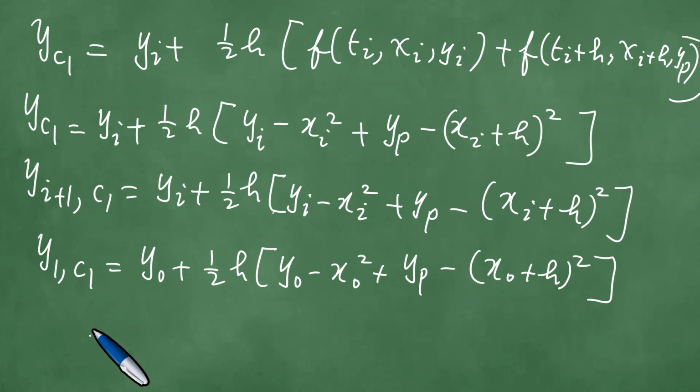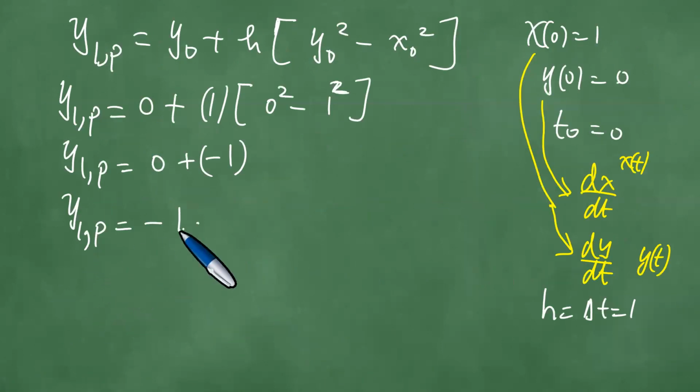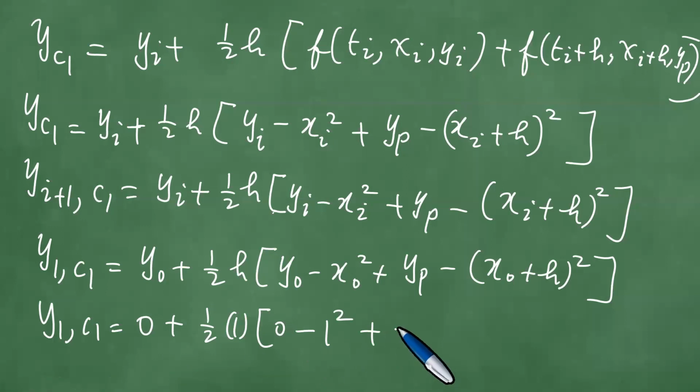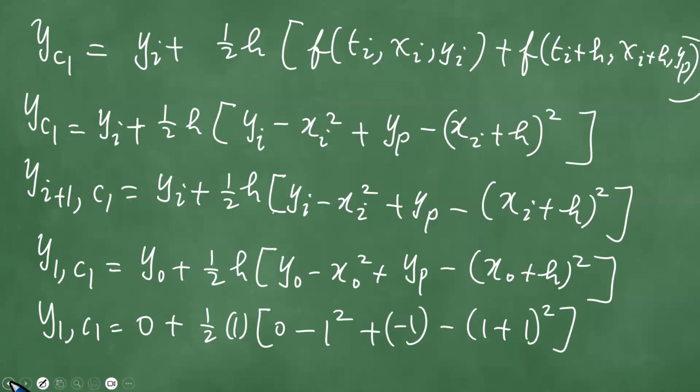Now, y comma c1: y0 we've seen is 0. H is like delta t, which is 1 in this question. Y0 is 0, x0 is 1, and then y predictor, y comma p, is minus 1, minus x0, which is 1, plus h, which is 1. You square this. So y comma c1 is 0, and then here you have 1/2.